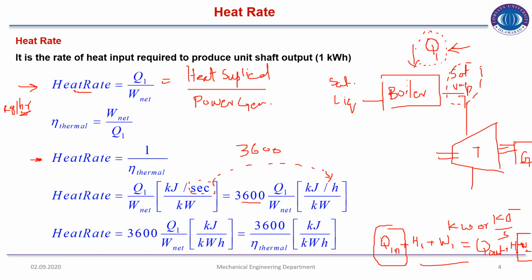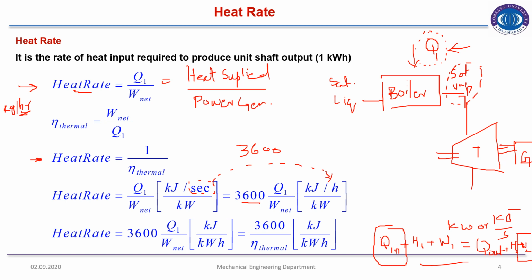So here we have Q1, which has a unit of kilojoules per hour, whereas W net will remain in the same unit as well. Then the heat rate relation is 3600 multiplied by Q1, that is the amount of heat in kilojoules, divided by the work extracted from the turbine in kilowatt hours.